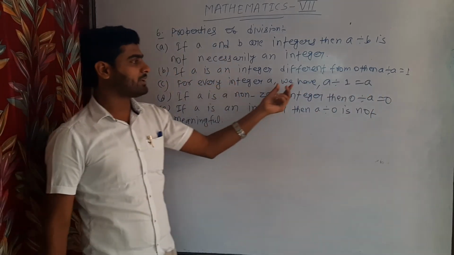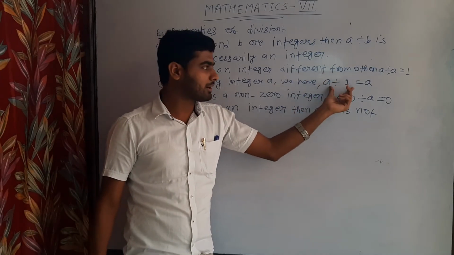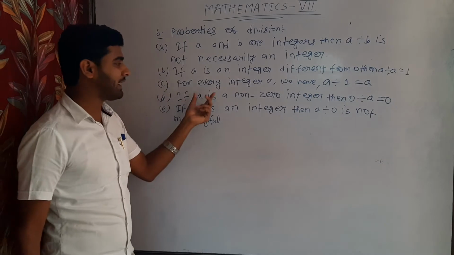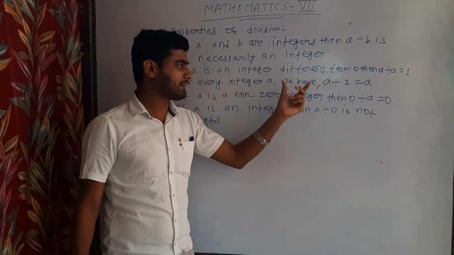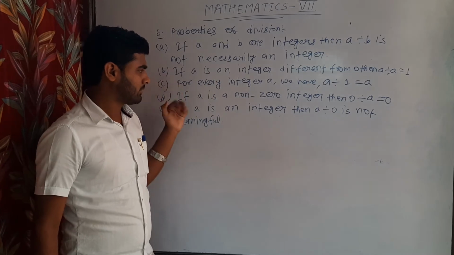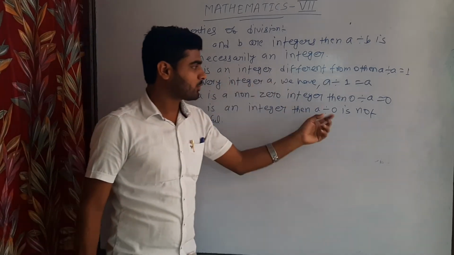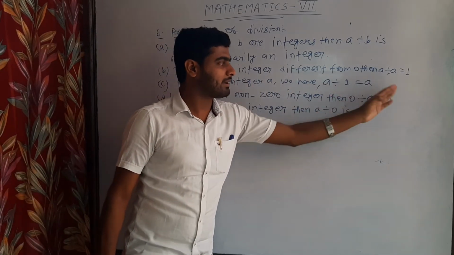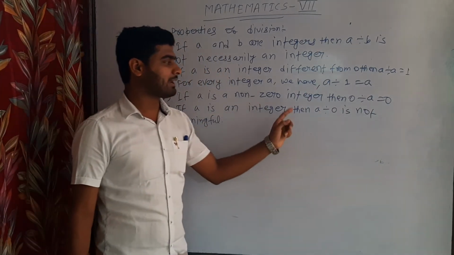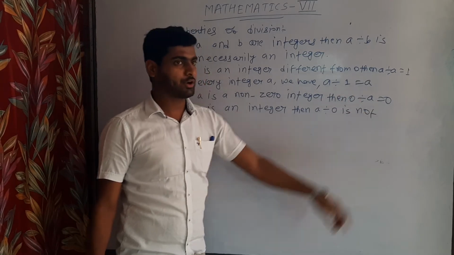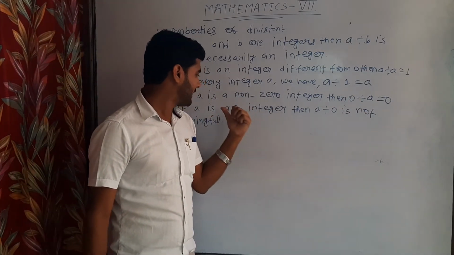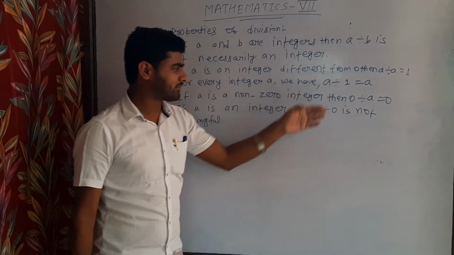That means if you divide any integer by 1, then the result is the integer itself. If a is a non-zero integer, that means 0 is not included in non-zero integers, so 0 divided by a is equal to 0. If a is an integer, then a divided by 0 is not meaningful. So that means we do not divide any integer by 0.